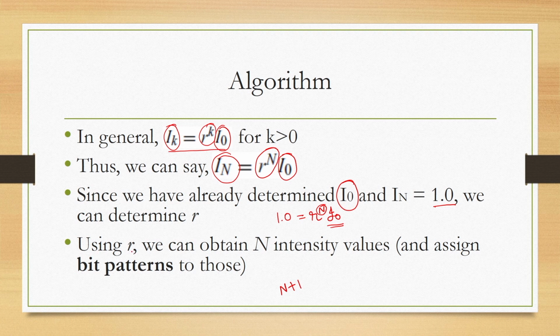Then using this value of R, which we compute by solving this equation, we can obtain the n intensity values using this equation for any particular intensity value k.